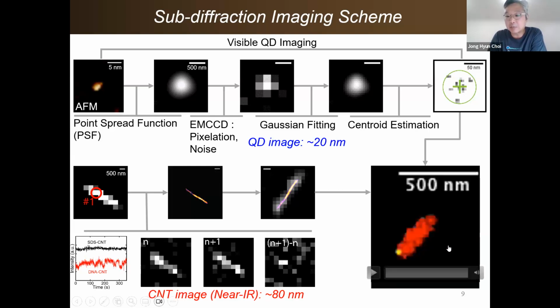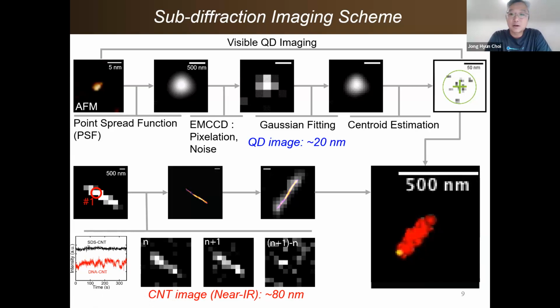This is a typical measurement for immobilized carbon nanotubes. It still looks kind of large, but it's really 1 nanometer in diameter, and this quantum dot is moving in one direction by using DNA walkers.